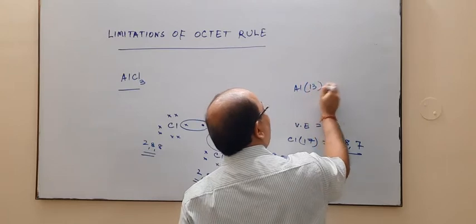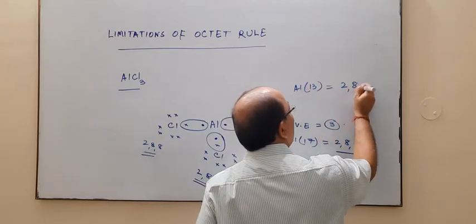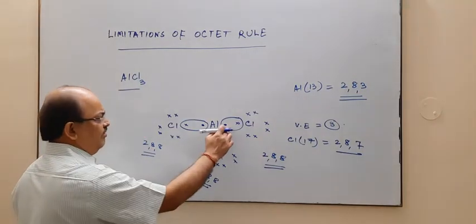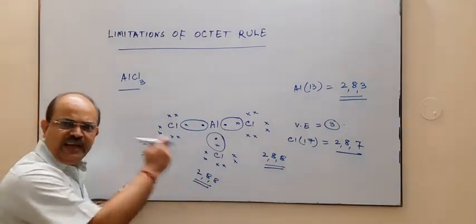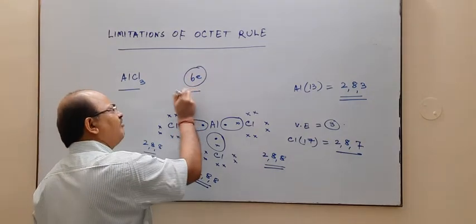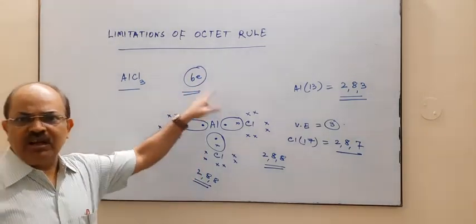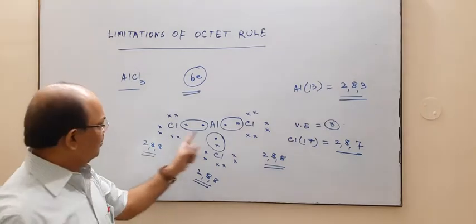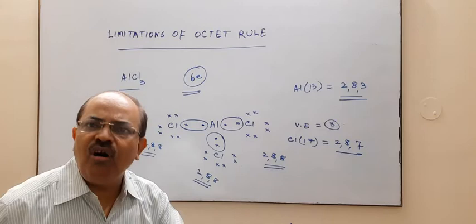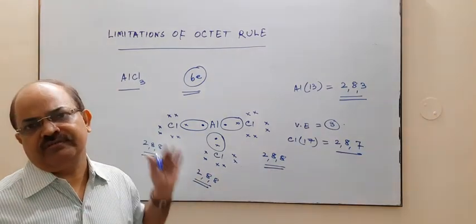Aluminium is 13, that is again 283. So there is 3 valence electron. So again in AlCl3 on aluminium atom, after sharing there is only 6 electron. So we can say AlCl3 is electron deficient.